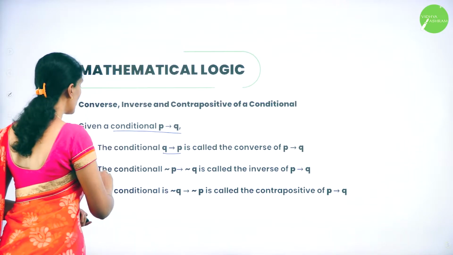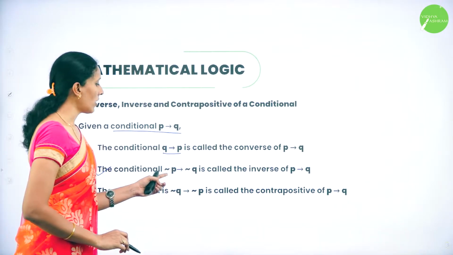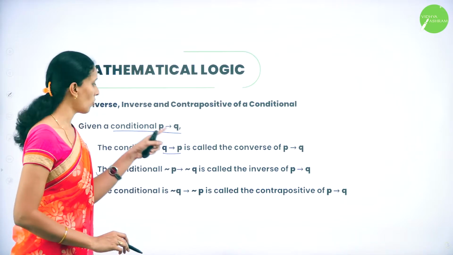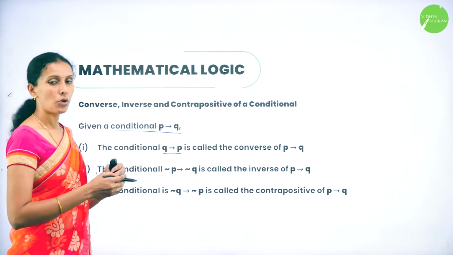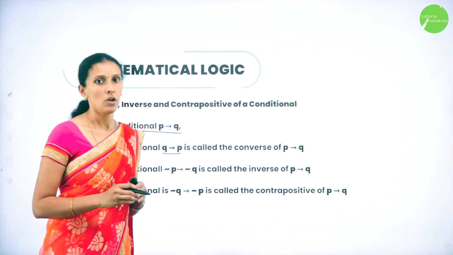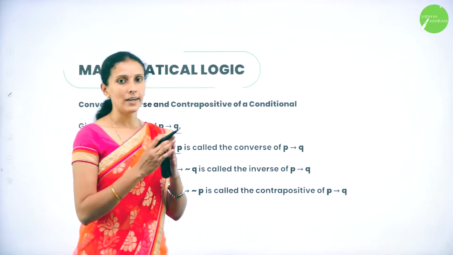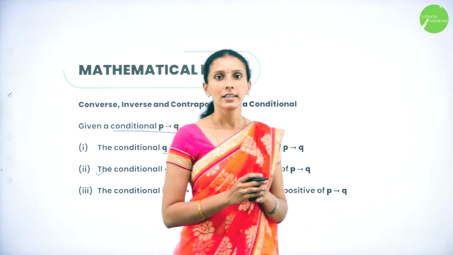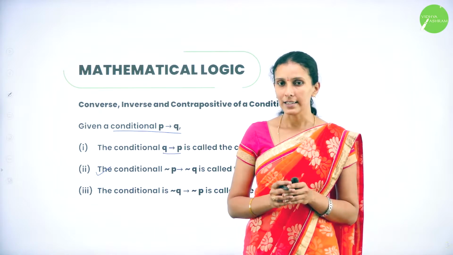Next we come across the conditional not P implies not Q. So P must be changed to not P and Q must be changed to not Q. For example, if all sides are equal, then the quadrilateral is a square.